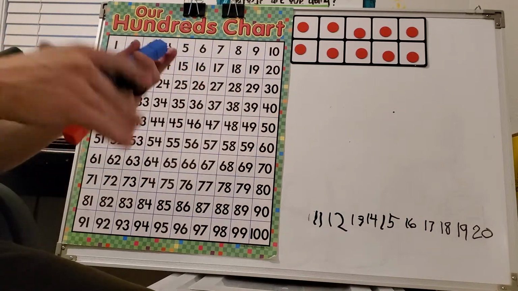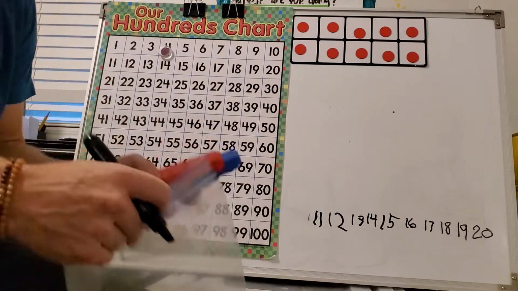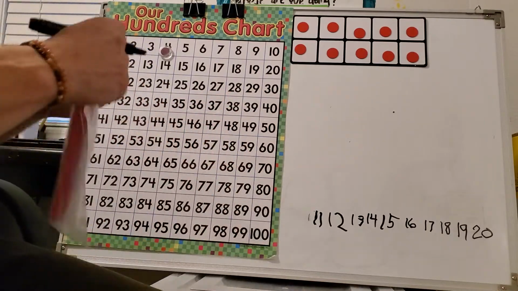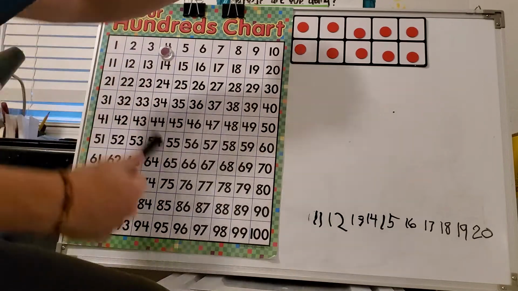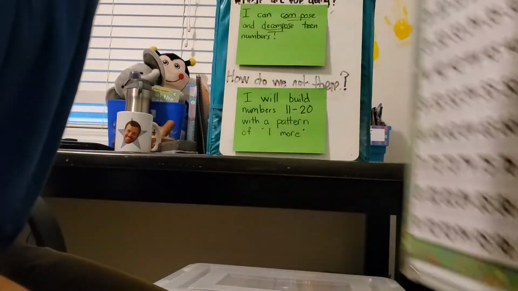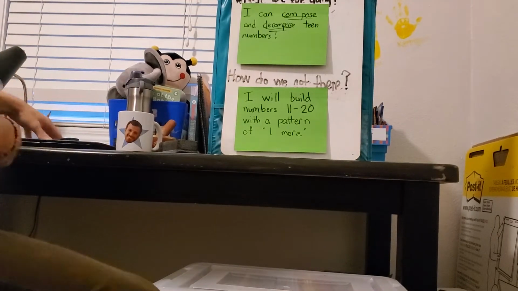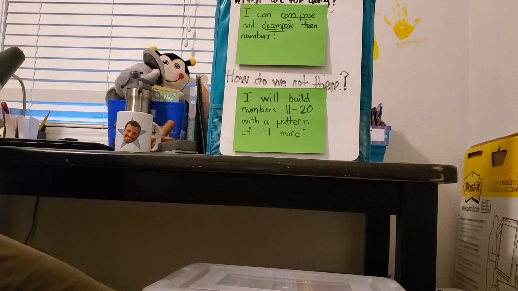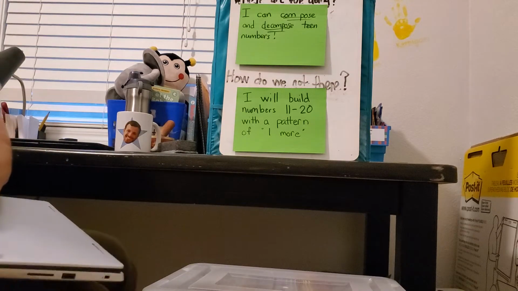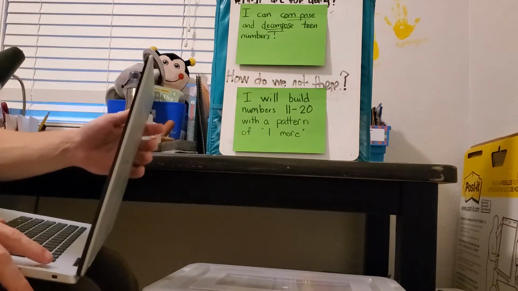Let's take a look at how you are going to do a couple of these problems on your seesaw activity today. So, while we're doing this, you may put your objects away and go ahead and be thinking about your seesaw activity today while Mr. Baxter gets himself all set up. All right, remember, we're continuing that pattern of one more. All right. So here is what the activity will look like today.